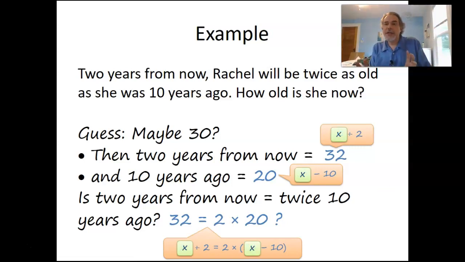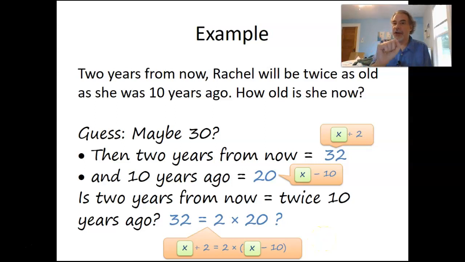Replace the specific number we guessed with that variable x. So 2 years from now, x plus 2. 10 years ago, x minus 10. And 2 years from now, she will be twice as old as she was 10 years ago. x plus 2 equals 2 times x minus 10.